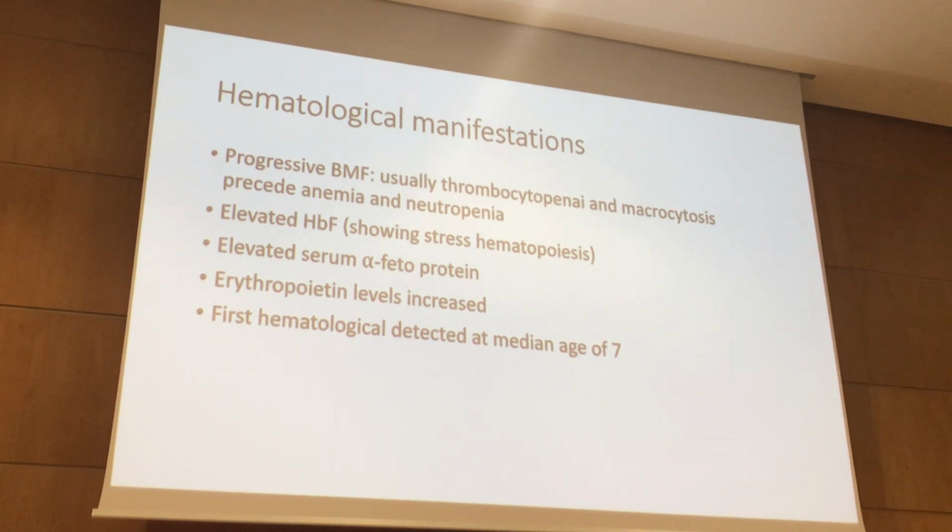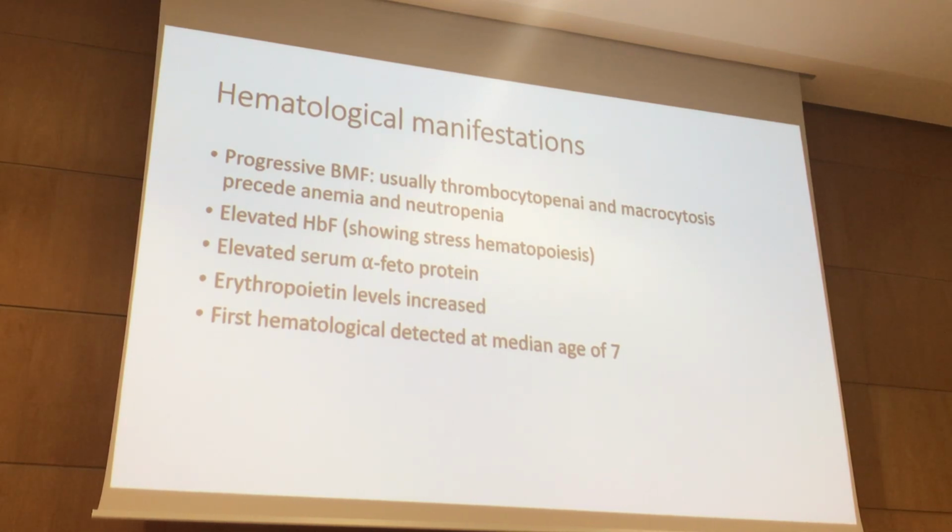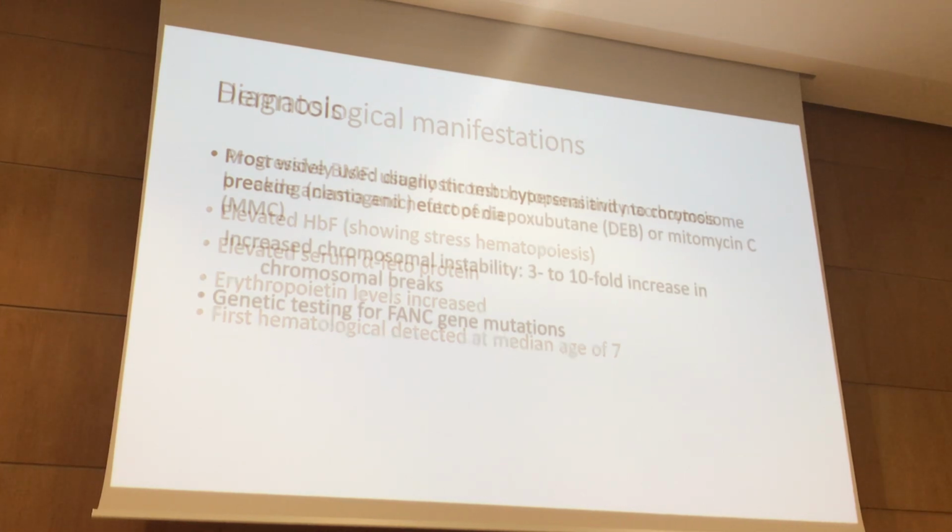The increase in erythropoietin doesn't help the bone marrow to produce enough mature blood cells. Usually, the first hematological findings are seen around the age of 7, but it may be earlier, but usually this is the median age.